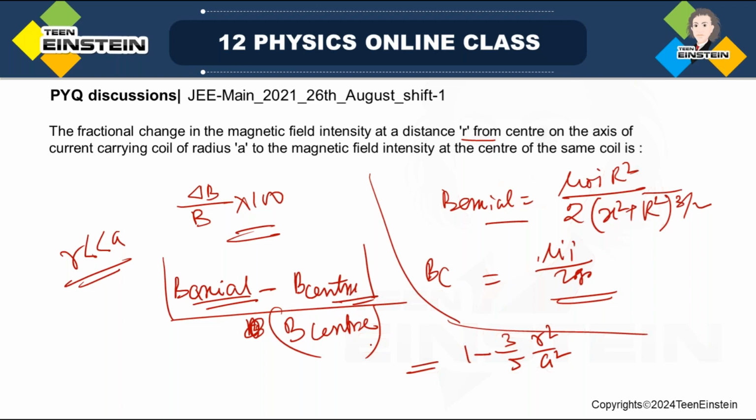Sorry, this is 3 by 2, not 3 by 5. So 1 minus 3 by 2 r square divided by a square.